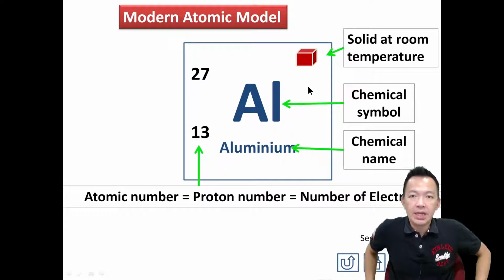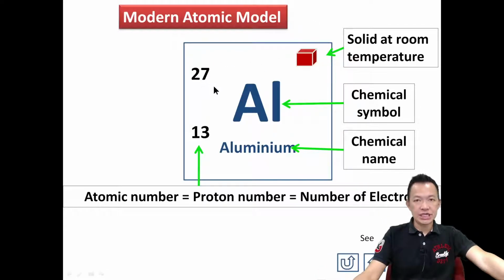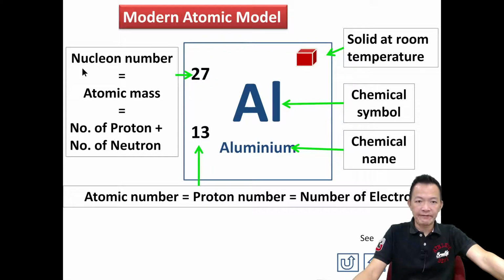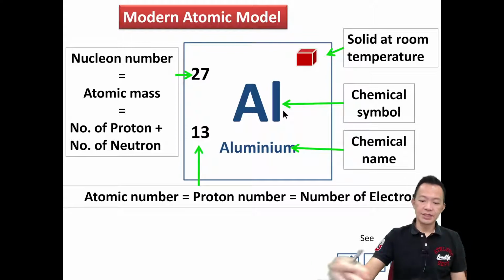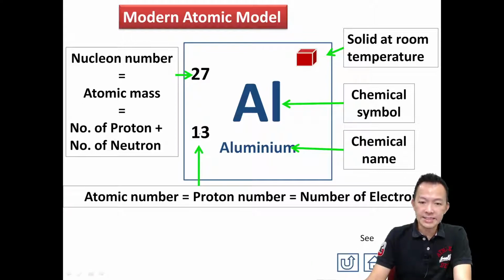Aluminium has another number, 27. What is the meaning of this number? You copy first. 27 we call the nucleon number, also called atomic mass, the mass of the atom. It equals the number of protons plus the number of neutrons. Protons 13 plus neutrons gives 27.